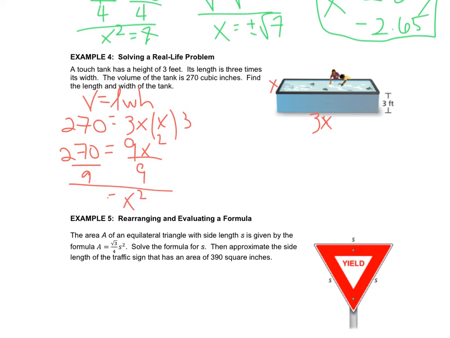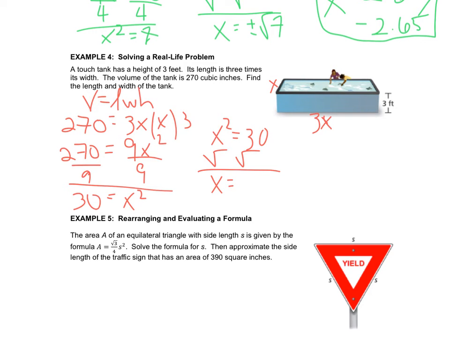X squared equals 30. To undo x squared, take the square root. It's not a perfect square, so I'm definitely going to grab my calculator. And in this case, we wouldn't be taking the negative because we're talking about a dimension. We would only be taking the positive.